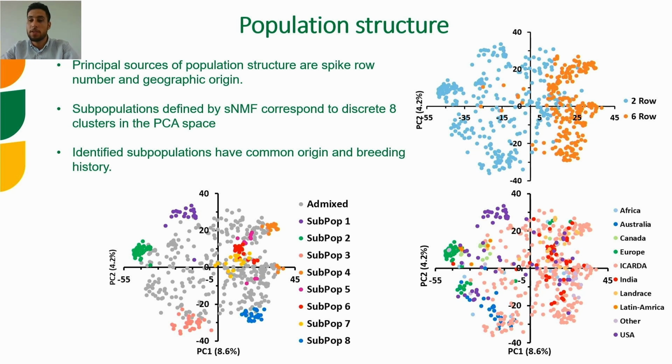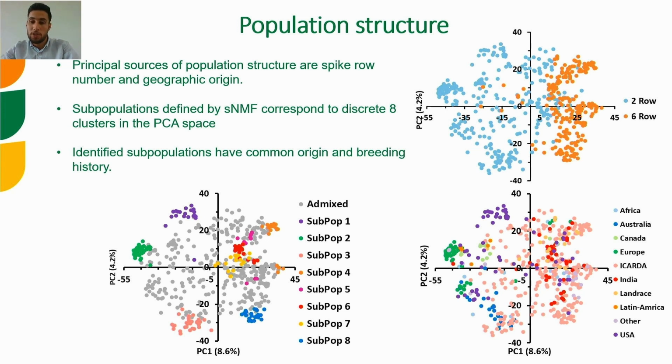While the subpopulations located on the positive side of the first principal component consisted of 4 6-rowed subpopulations and 1 2-rowed subpopulation. The 2-rowed subpopulation, which is mainly the subpopulation 7, colored in yellow, consisted mainly of Icarda 2-row genotypes that are derived from the cultivar Cannella.